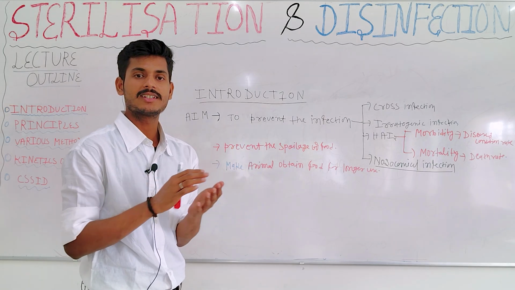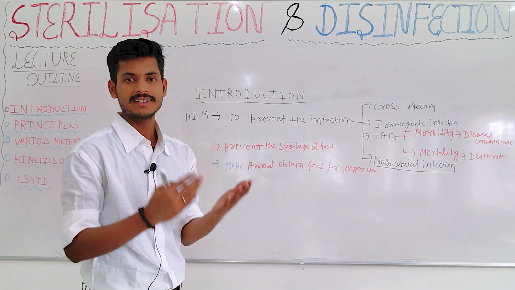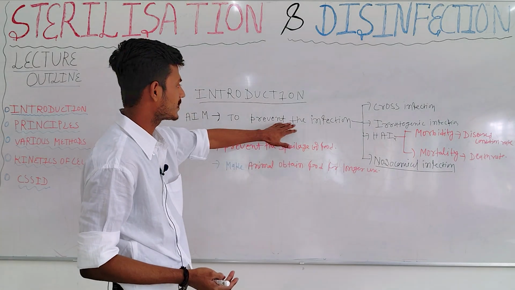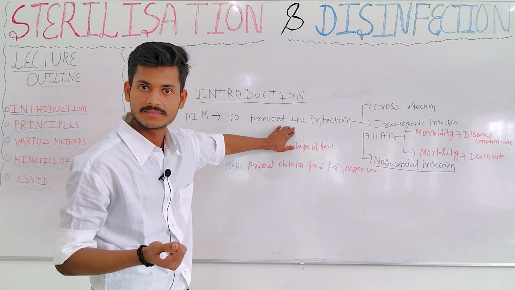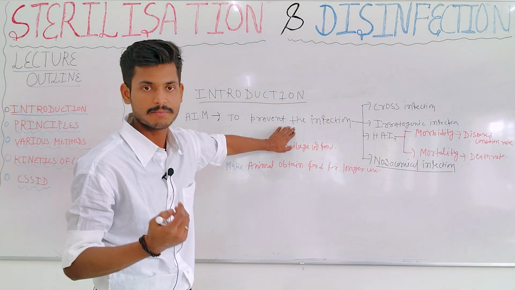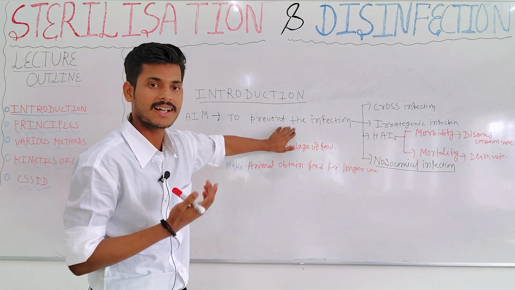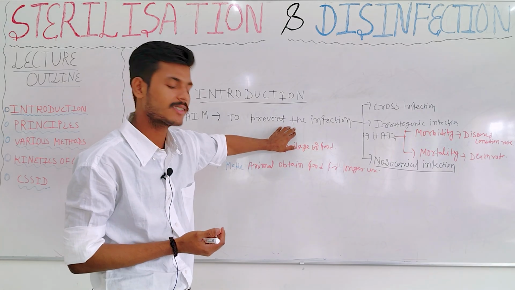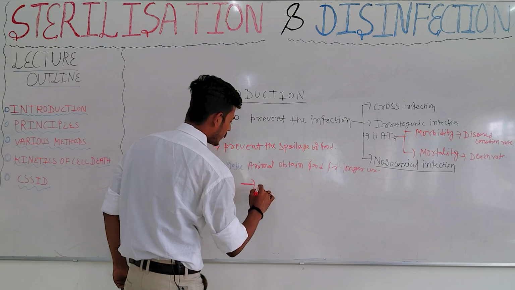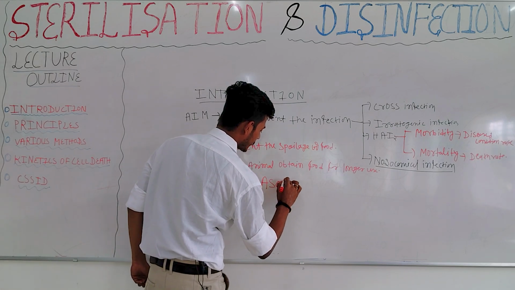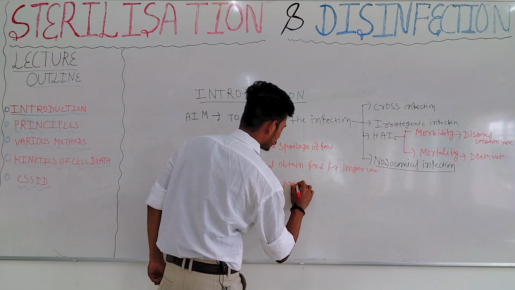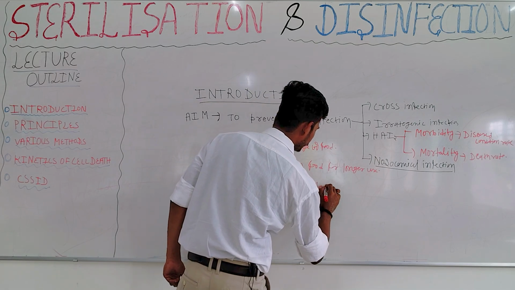Microbial free ambience means there is no microorganism present in the desired food, the desired parts, or the desired surroundings. To achieve this, we have to adopt aseptic techniques.